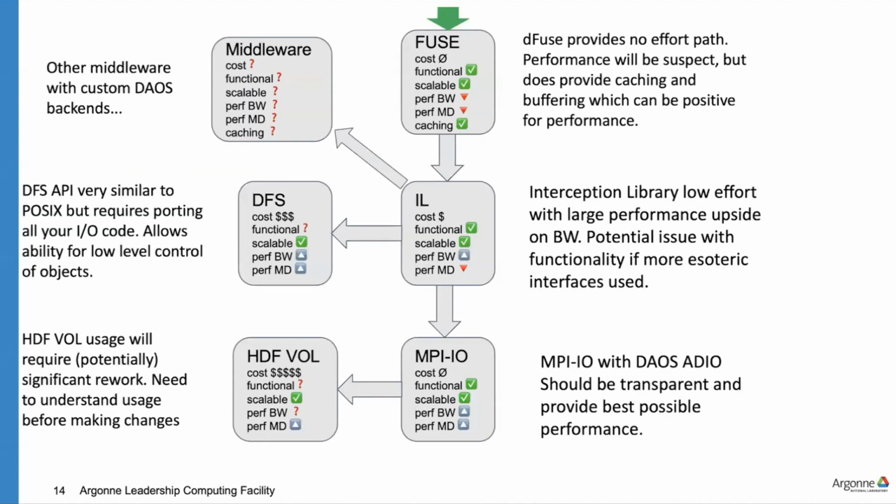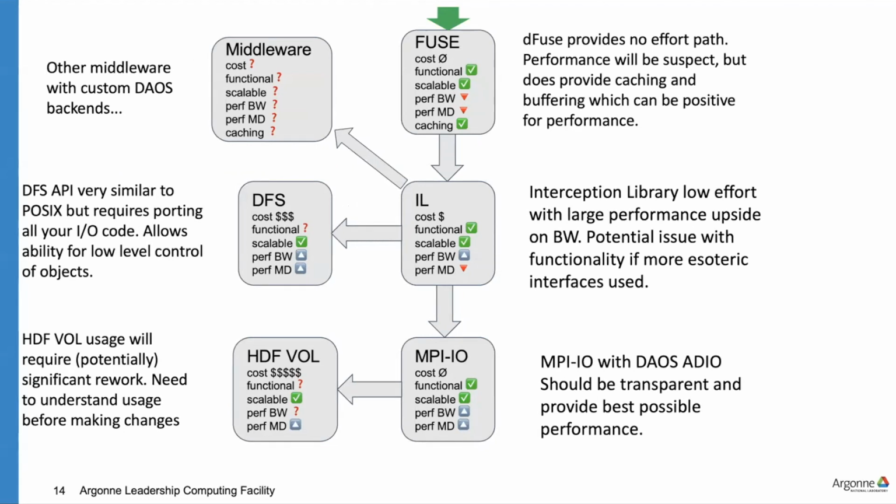All right, so I kind of hinted at how you'll use DAOS, but I made this flow chart. I don't know if it's a good idea, but when you come in on Aurora, maybe a year from now, you're going to say, okay, I want to use DAOS. How do I do it? First thing you can do is use Fuse. It doesn't require any knowledge. You don't have to recompile anything. You don't have to understand anything.